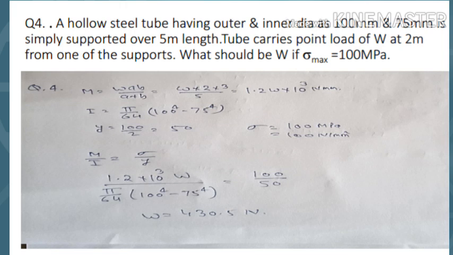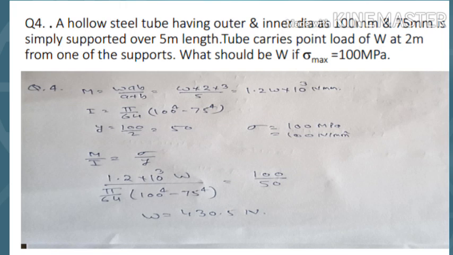Now it is said that the beam is simply supported over 5 meter length and the tube carries a point load of W at 2 meter from one of the supports. Since the load is at 2 meter from one of the supports and the total length of the beam is 5 meter, the load is off-center, so M will be taken as M equal to W a b upon (a plus b).